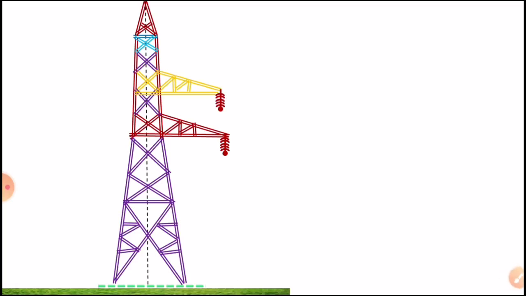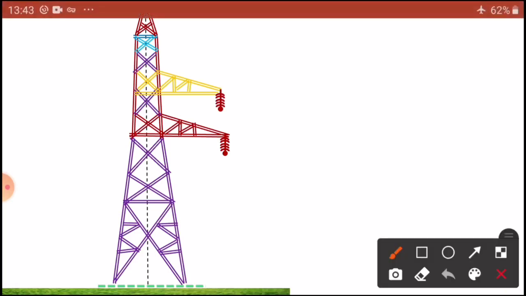What is the distance here? 3.8 meters. The same distance is 4.15, 4.15. Next you take the other phase.